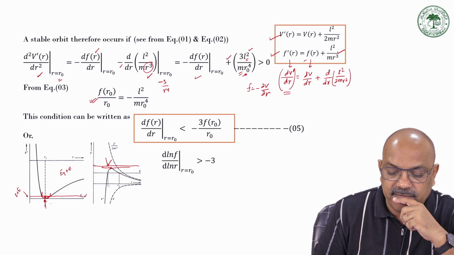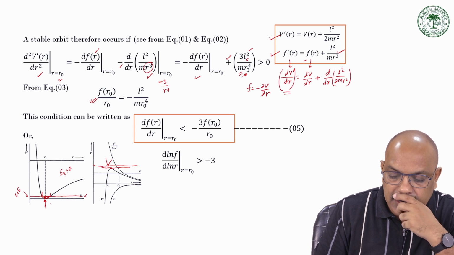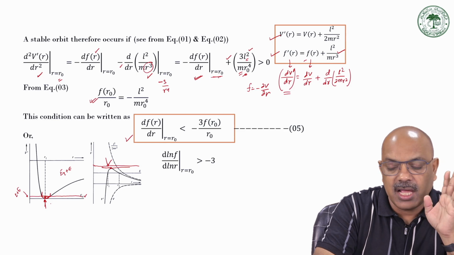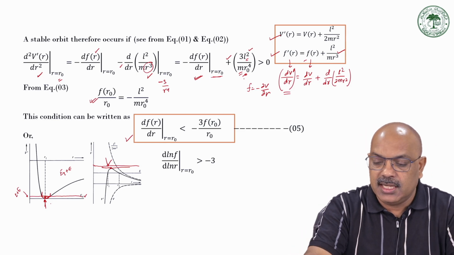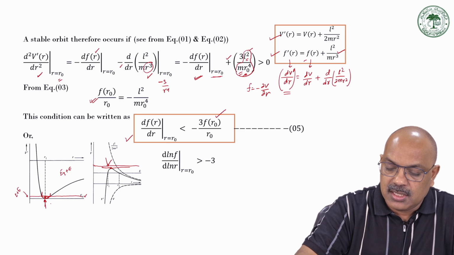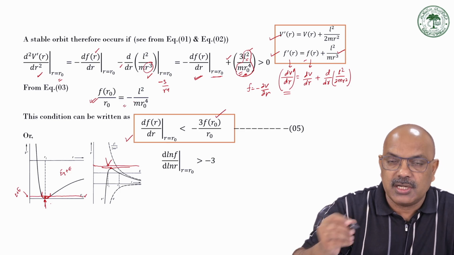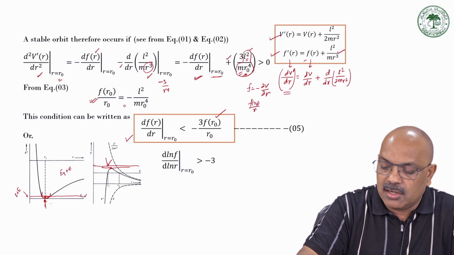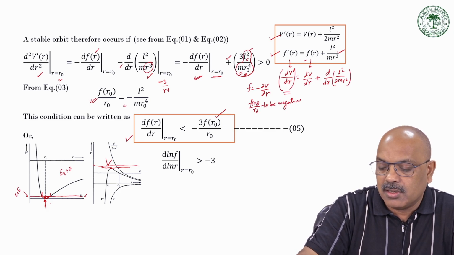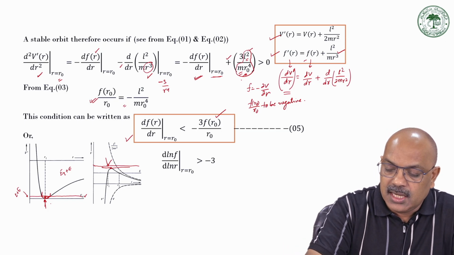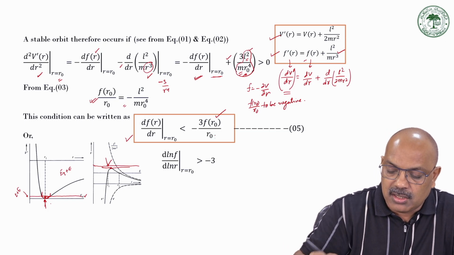So we have this dF by dr calculated at r equal to r naught is going to be less than 3 F of r naught by r naught, with the negative sign because F of r naught is negative.